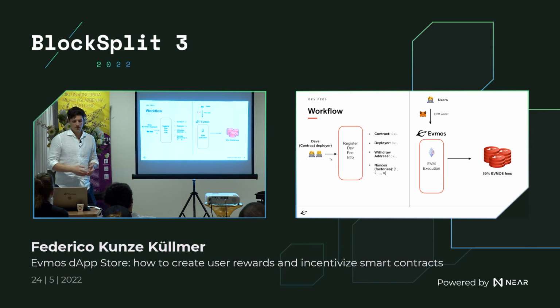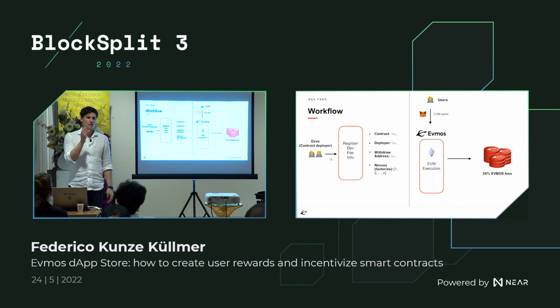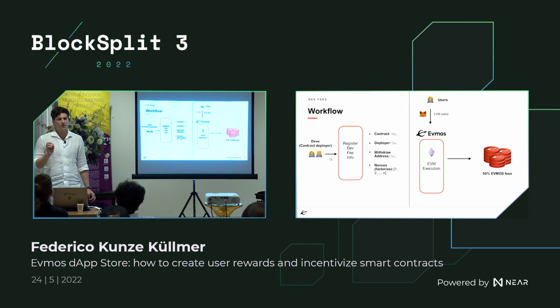their address, and optionally they can also define a withdrawal address. So, for example, if you work on a team and you deploy the contract on behalf of your team, you can define the withdrawal address to be, for example, a DAO that is managed by the entire team, or you can send that to the community pool to further create alignment and fund new ecosystem development.